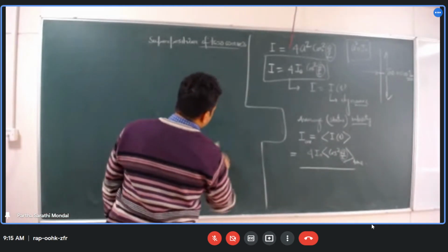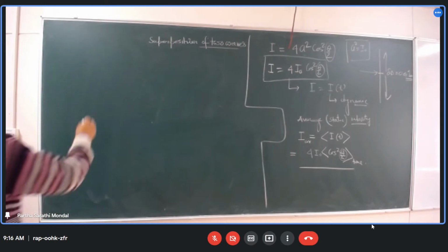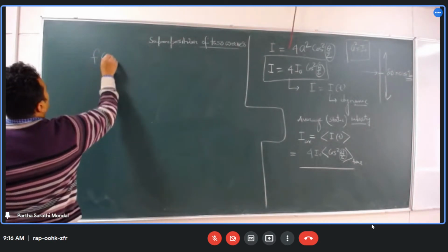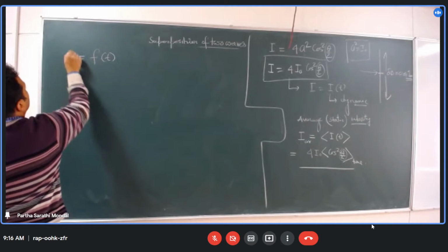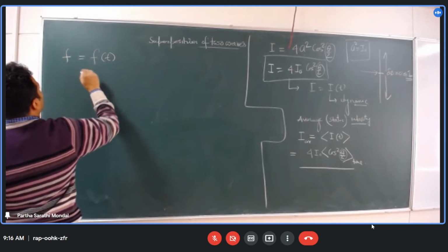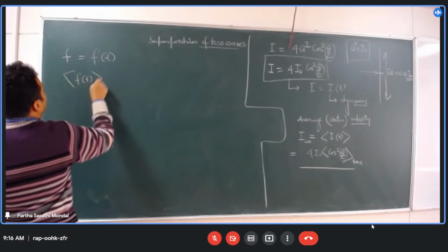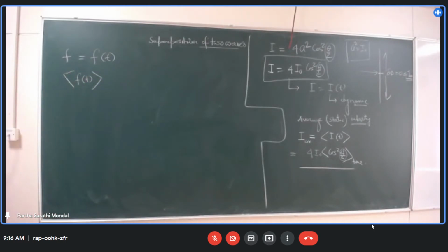So now, suppose we know what is average. So time average means if you have a quantity, let's say if you have a function f equal to ft, and you want to take a time average of ft over a time period, तो time average लेना पड़ेगा.